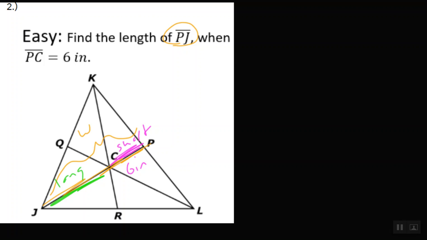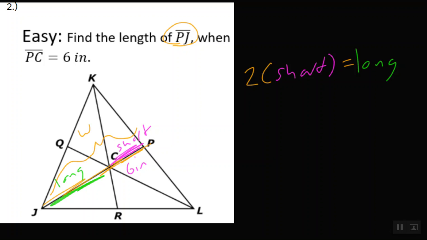And so we know that 2 times the short side will in fact equal the long side. So 2 times the short side is equal to the long side.